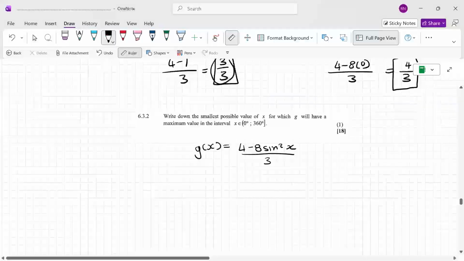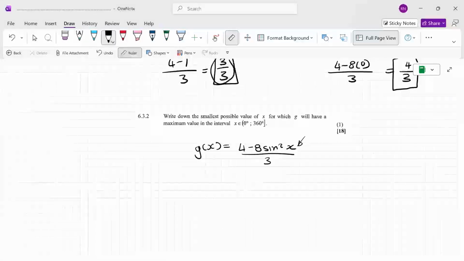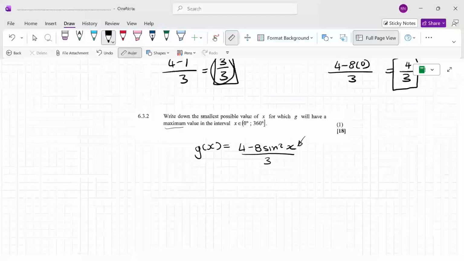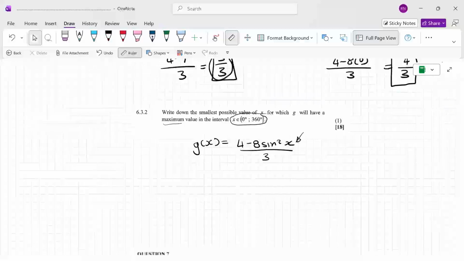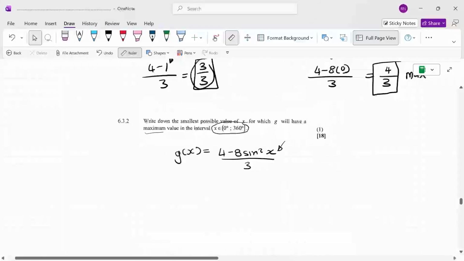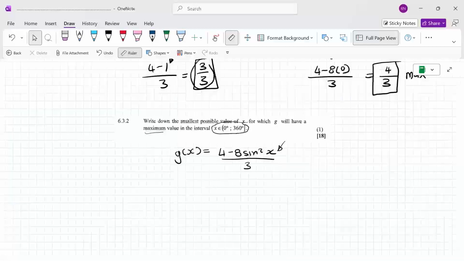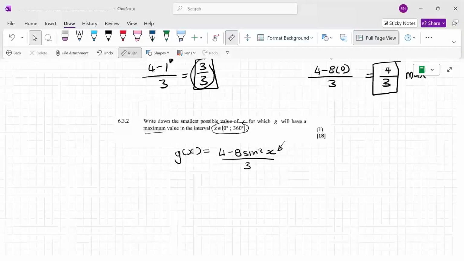What is the smallest possible value for x for which g of x will have a maximum value in the interval between 0 and 360?